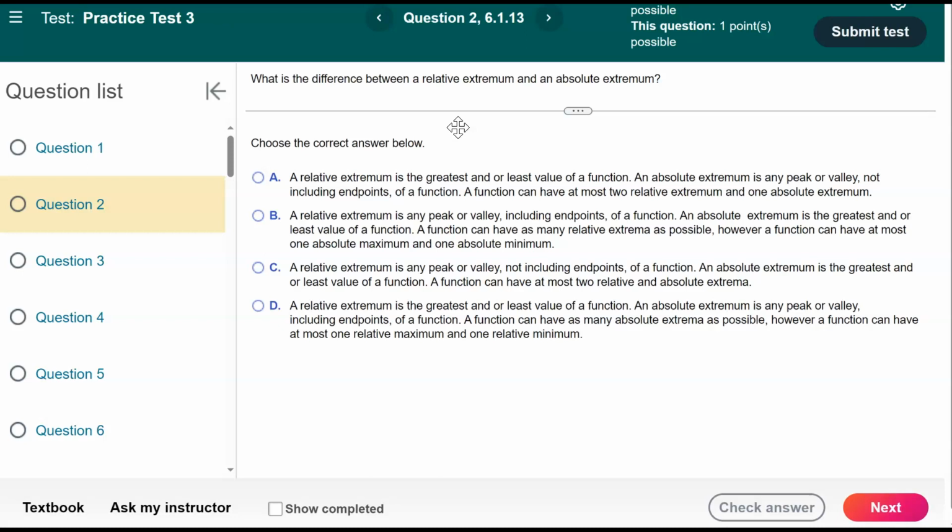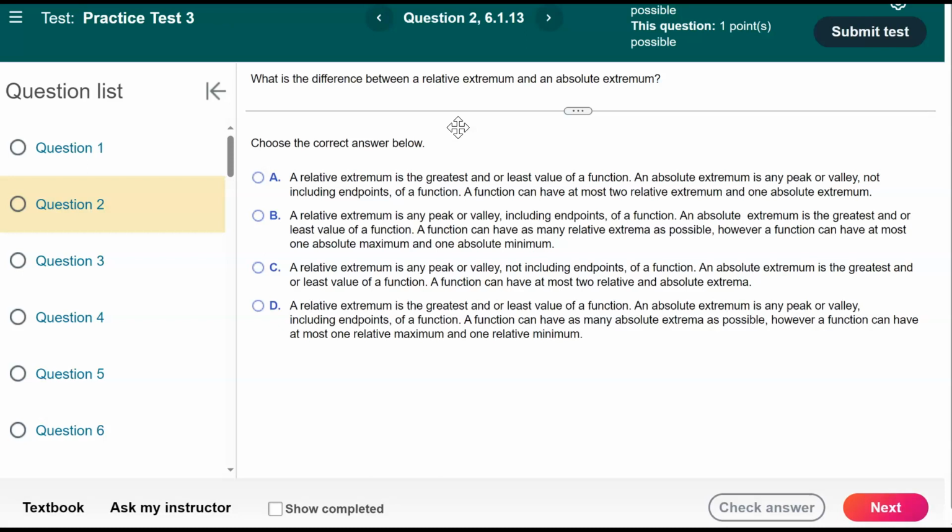So that is one of your relative extremum. So that means that you could have several relative extremum. You could have 1 or 2 or 3 minimums or 1 or 2 or 3 maximums, depending on the behavior of your function.